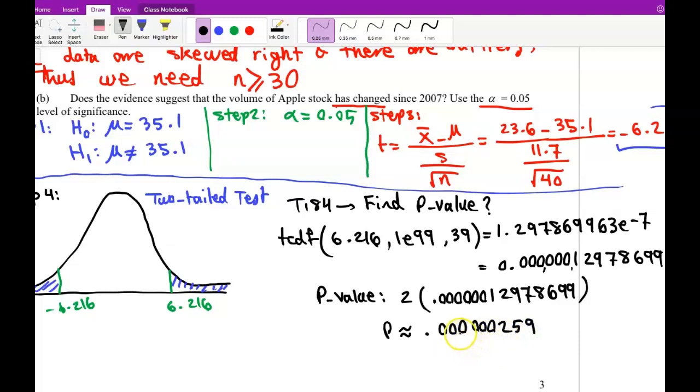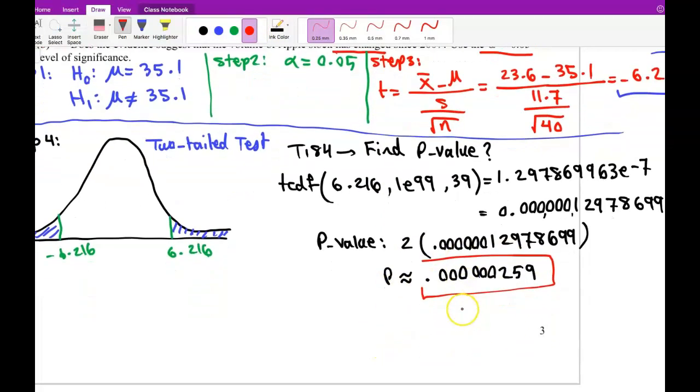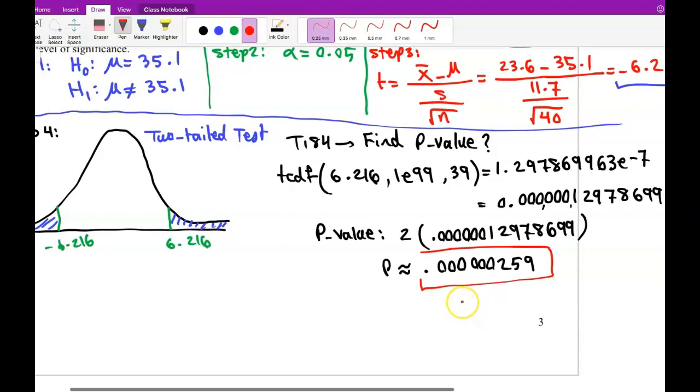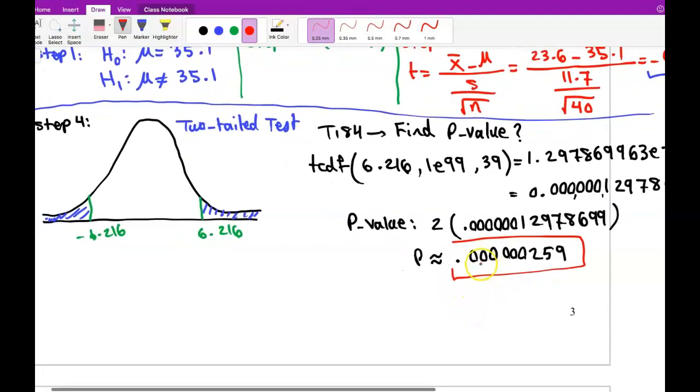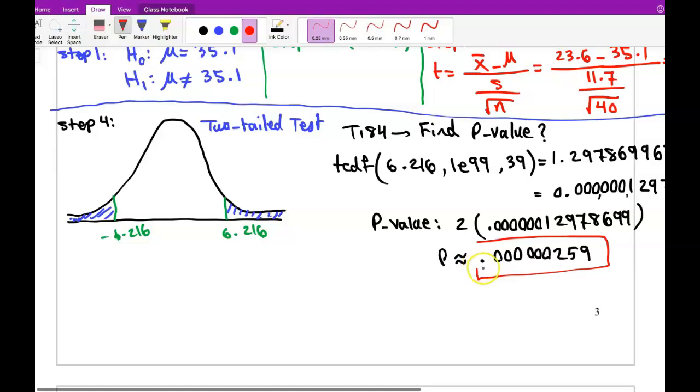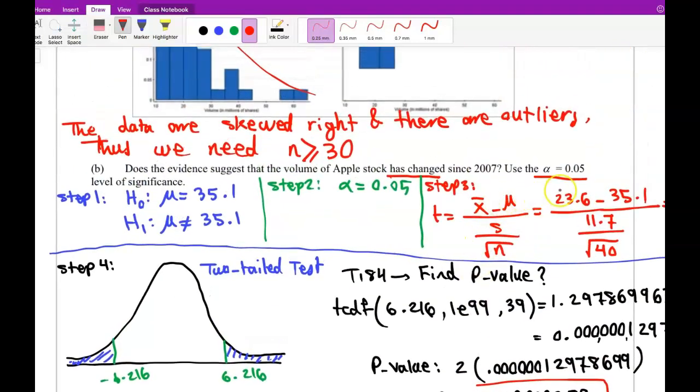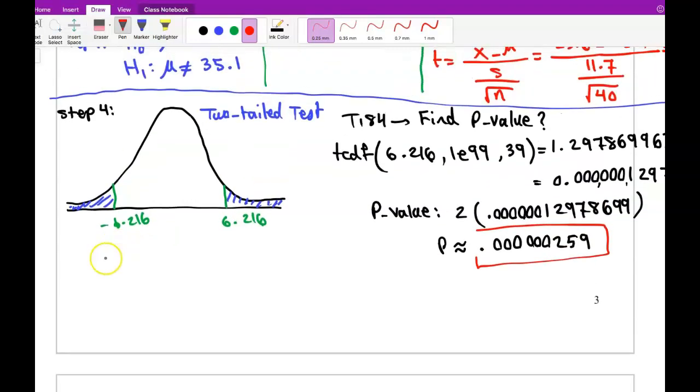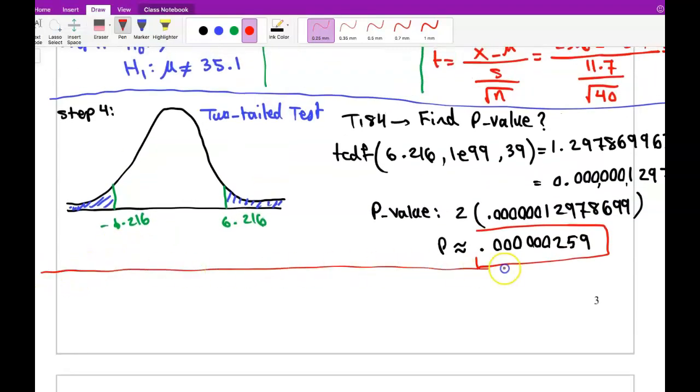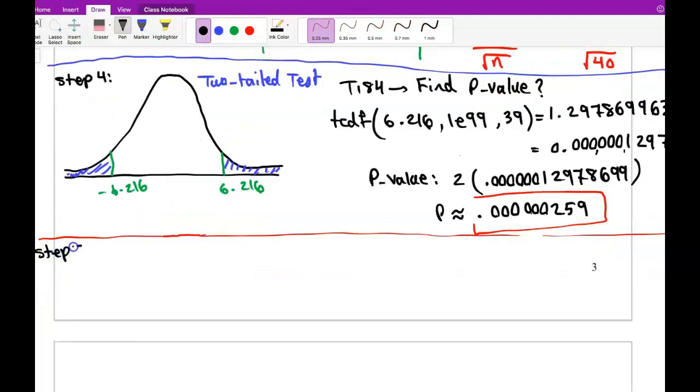So this is the final answer for p. Then comparing this number with alpha, and alpha is 0.05. Okay, step 5: is this p-value less than alpha?